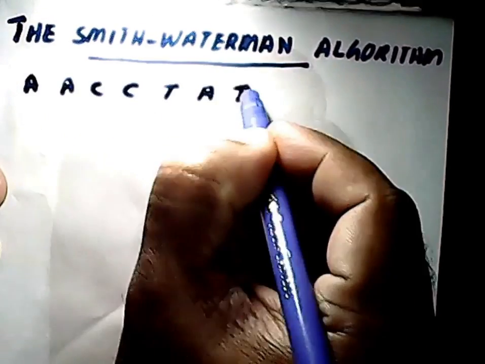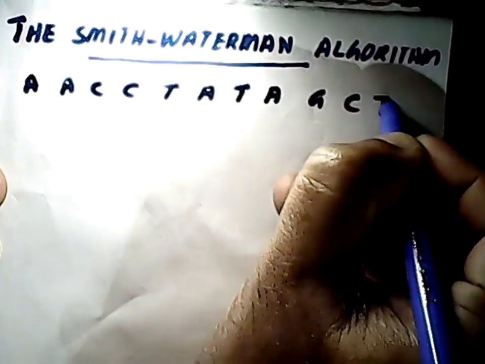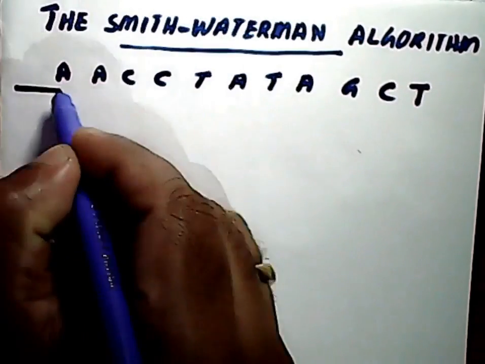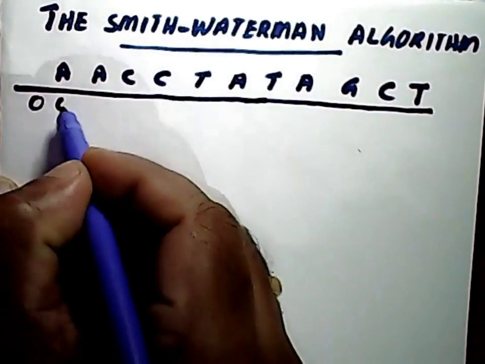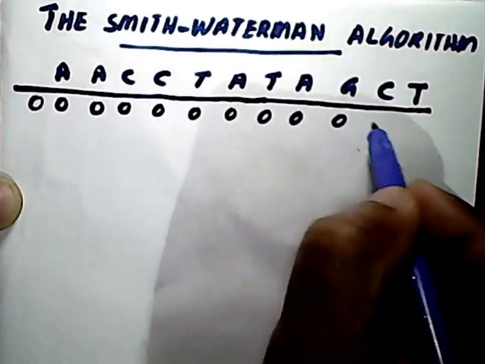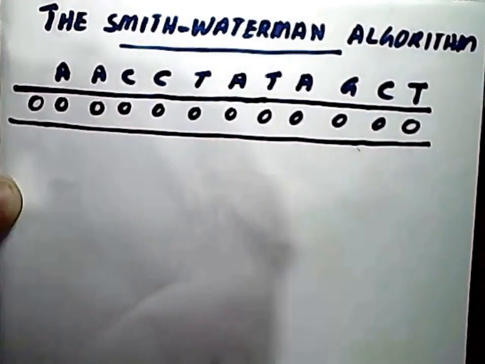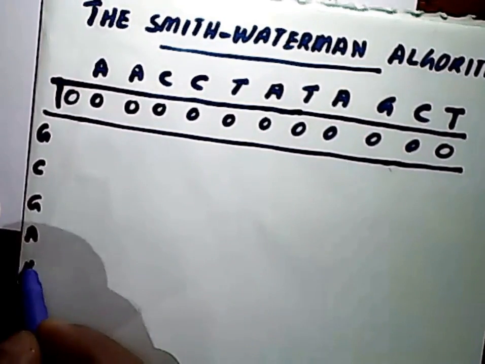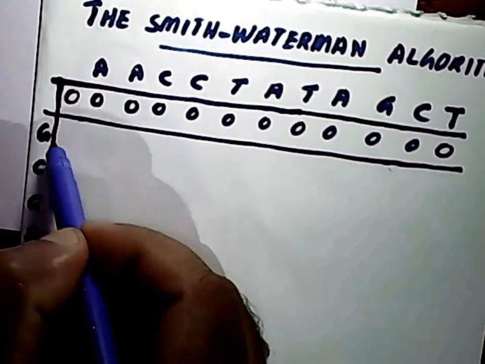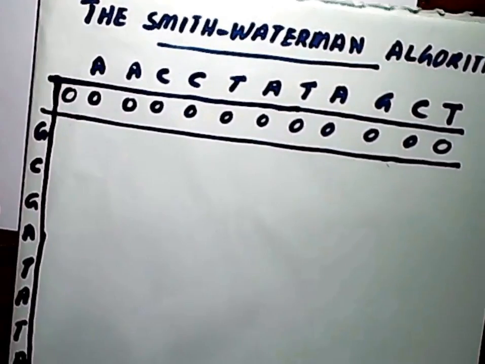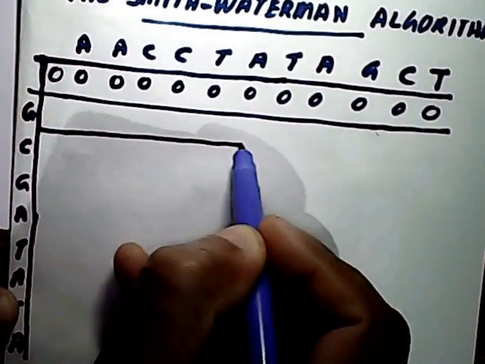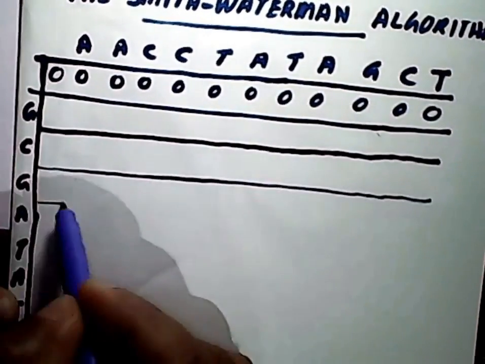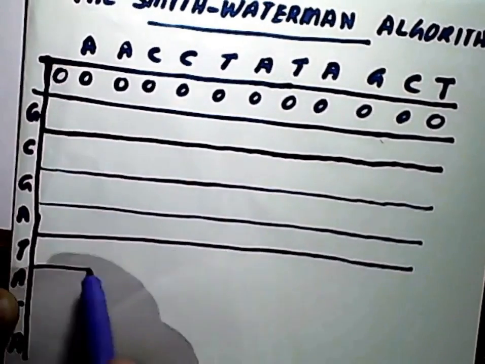First sequence is A A C C T A T A G C T. We initialize the table with zeros. Second sequence is G C G A T A T A.